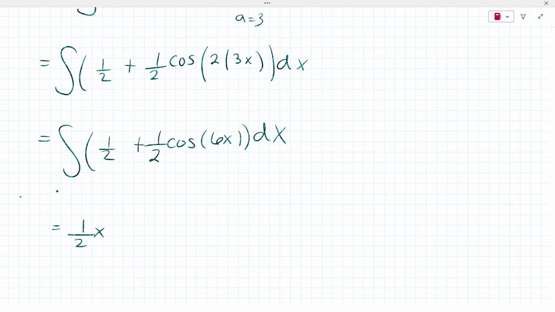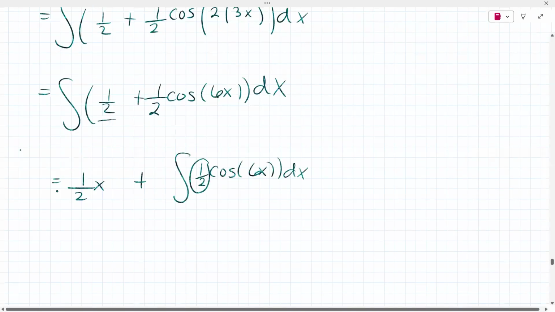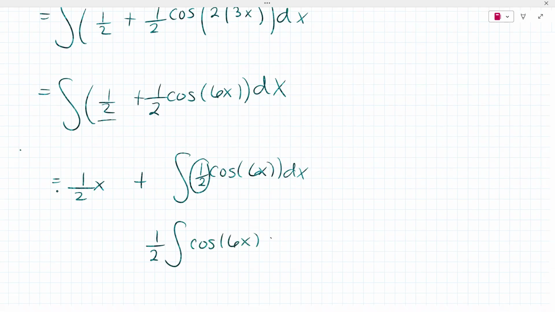And then over here we have a 1. So be careful. So we're just going to rewrite it. I kind of did this in my head. So what's the integration of 1/2? 1/2 x. Over here, just to be on the safe side, let's rewrite it as the integration of 1/2 cosine 6x dx. This is a constant 1/2, so you could take that out. And what else?